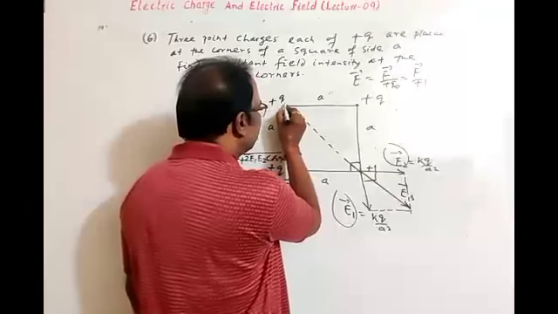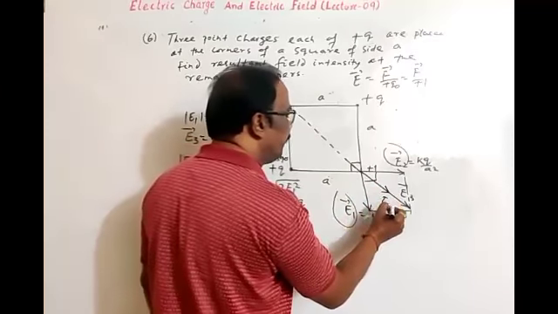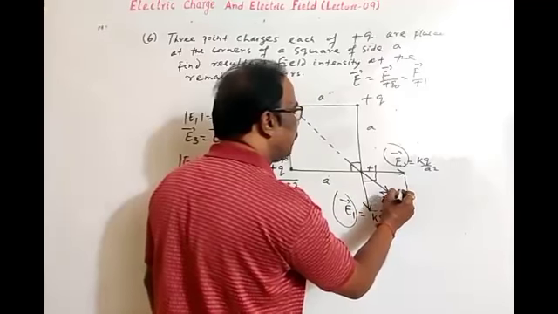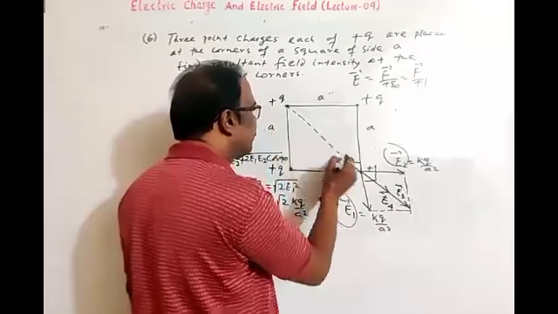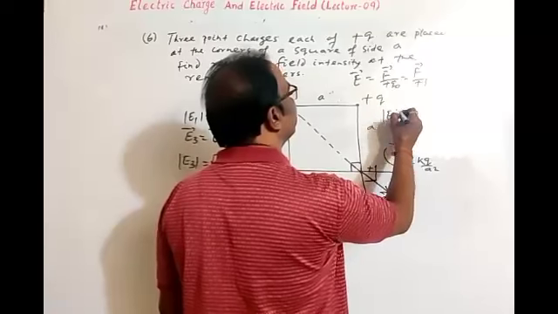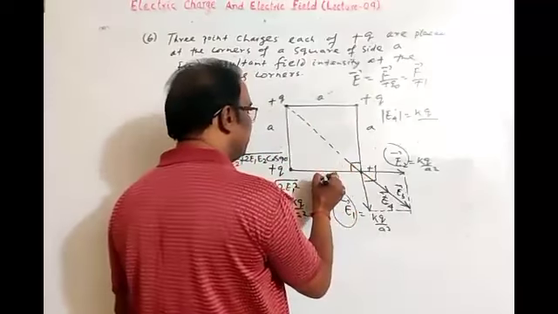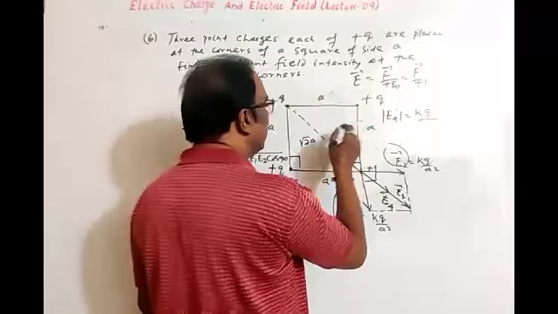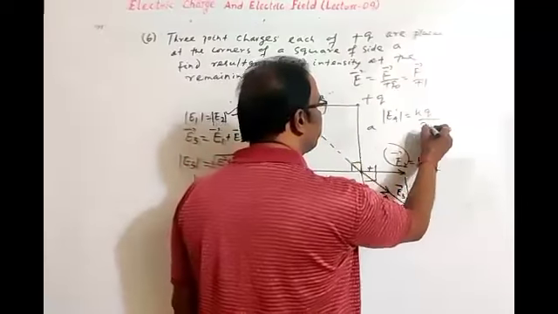Let the intensity due to this plus Q at this point be E4. The resultant of E1 and E2 is E3, and the field intensity due to the remaining charge is E4. Then the magnitude of E4 is KQ, this distance, this is A, this is A, this is 90 degrees, so obviously this distance is root 2A, divided by the square of the distance, the square of root 2A meaning 2A square.